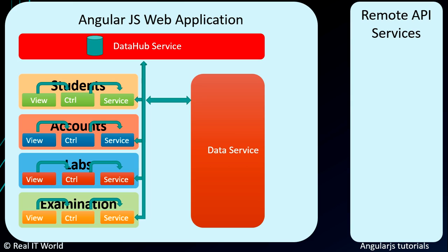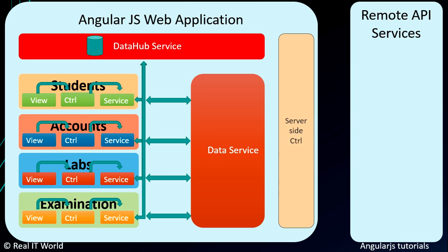Now this is trying to communicate to a remote service. For that, you can communicate directly or indirectly to the remote service. First you can communicate to your server side controller. A web application can have both client side and server side. If you are using ASP.NET or PHP or JSP, Java related, you are going to have server side and client side development. In that structure, first you need to communicate to your server side controller.